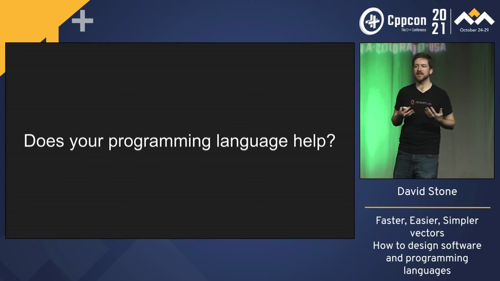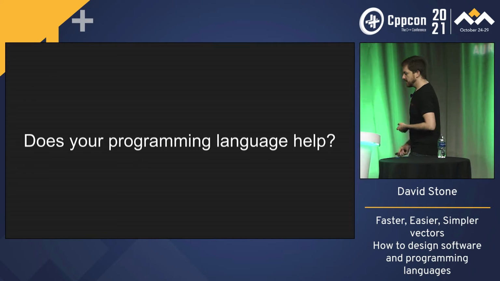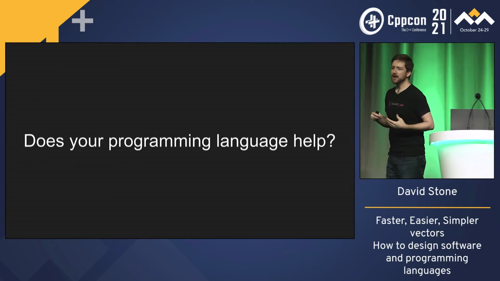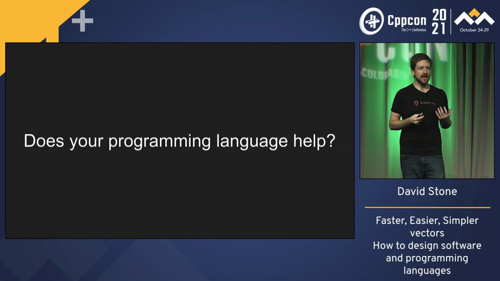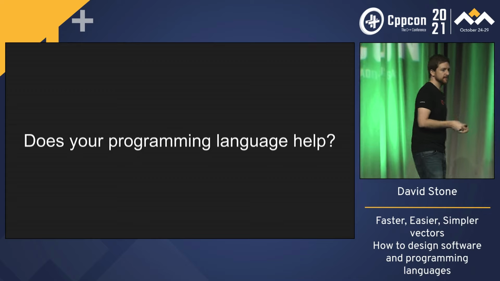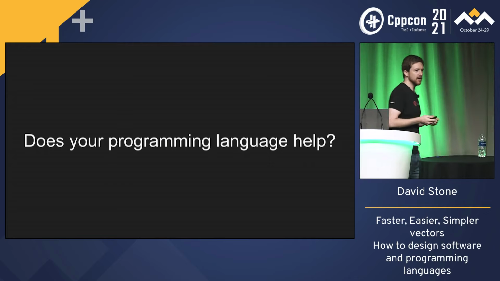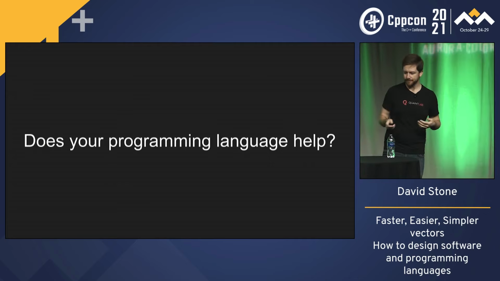You don't want every single person who writes a data structure to have to implement binary search or set symmetric difference or rotate or any of these algorithms. You want to be able to just write the algorithm once and write the data structure once. That allows you to have linear growth instead of quadratic growth in terms of the source code as you add algorithms and as you add data structures.